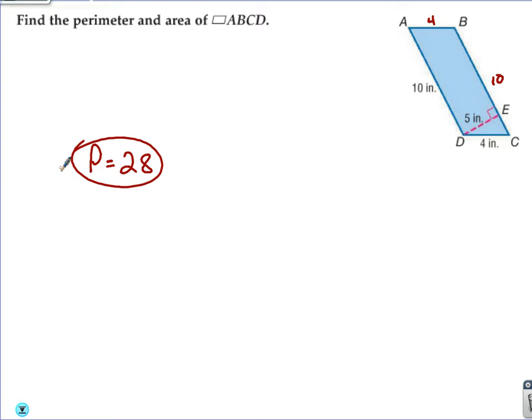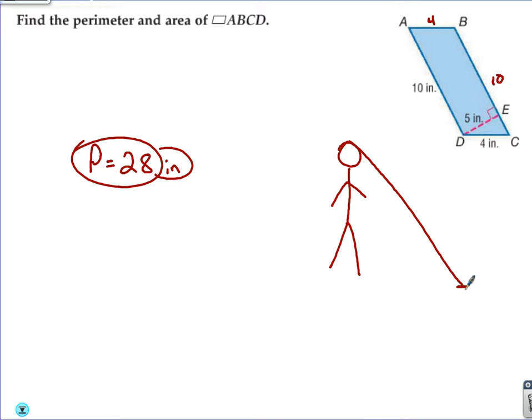Now let's talk about the area. Area is equal to base times height. Now you've got to be careful. If you're talking about height, 10 is not a height. If you want to measure how tall somebody is, you don't put the tape measure on top of their head and drag it over here to see how tall they are, right?